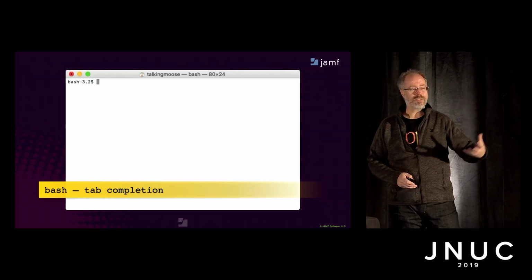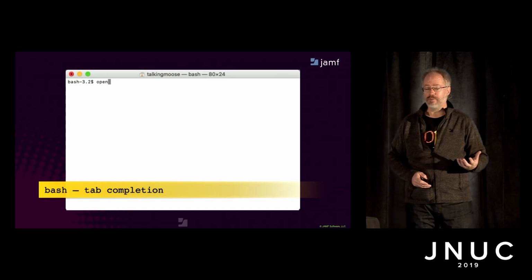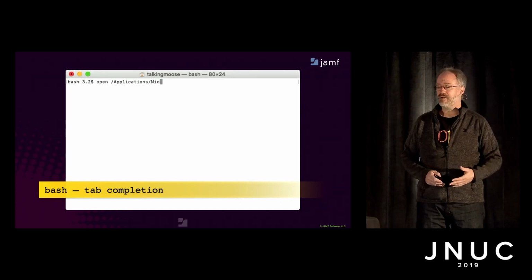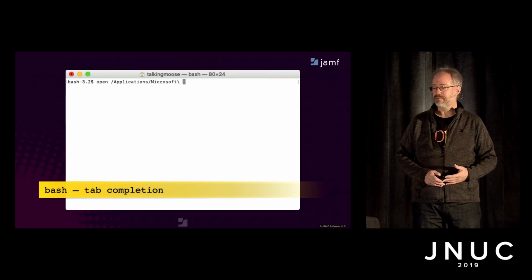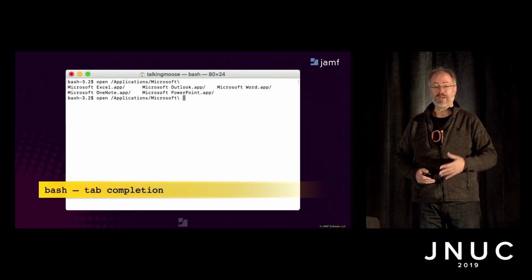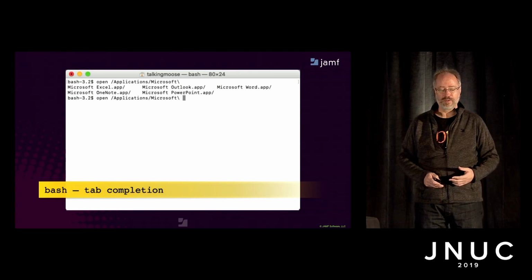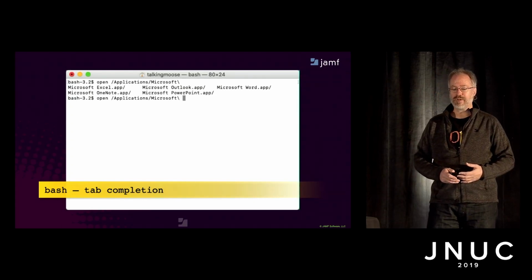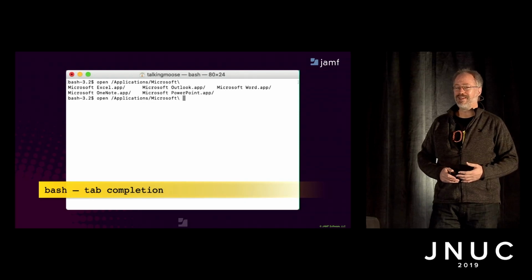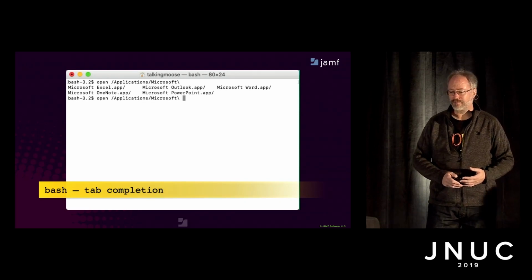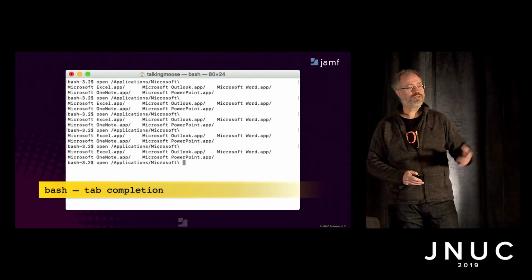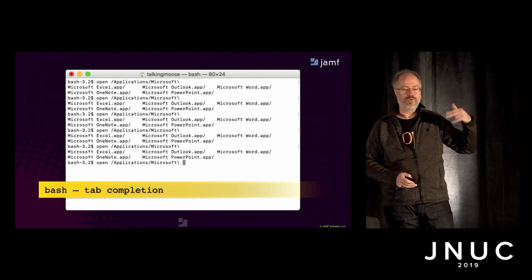Now, if I start typing the same command to open Microsoft OneNote, it looks like tab completion is pretty much doing the same thing. I hit tab, and it gives me my list of options here. Until I get to this point, it looks like Bash shows me all the Microsoft apps, but if I keep hitting tab now, all Bash gives me is the list of apps over and over and over.